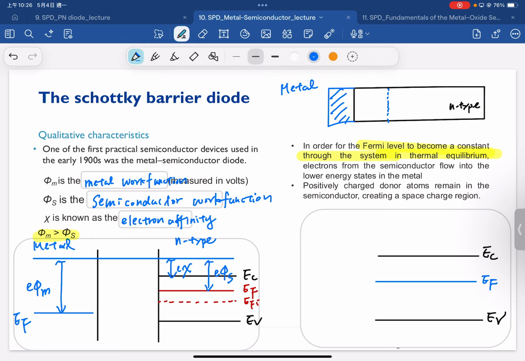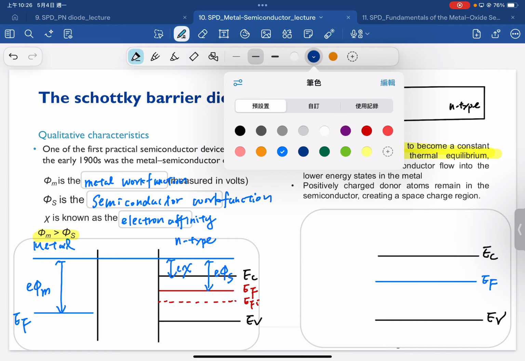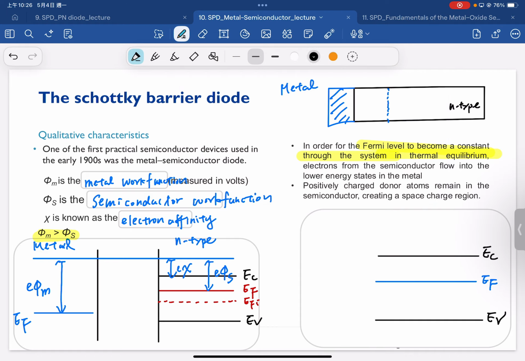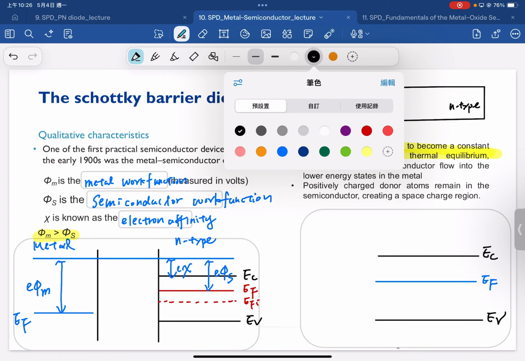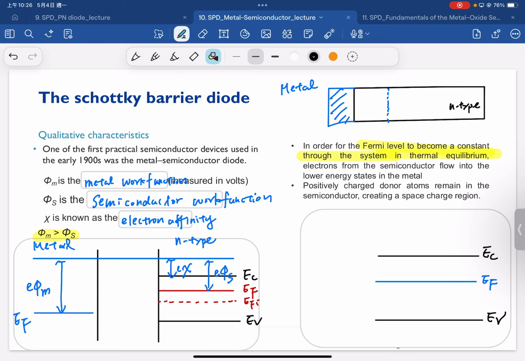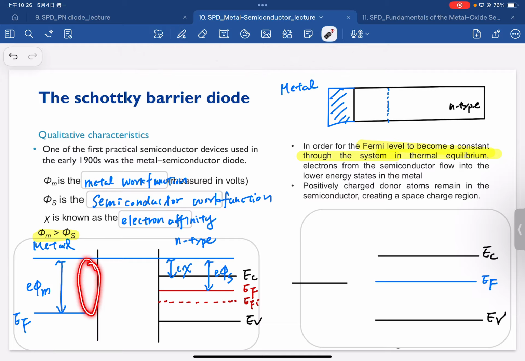So the EF of the metal side will be aligned here. This will be the EF on the metal side, and we start to see the bands become like this.